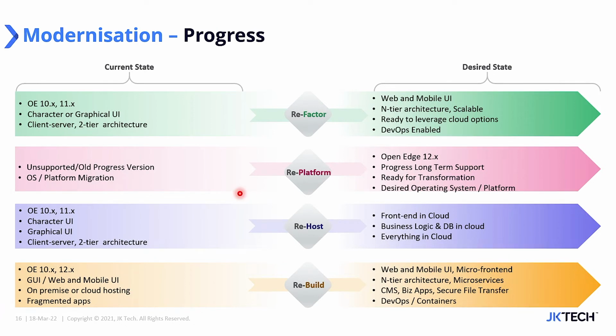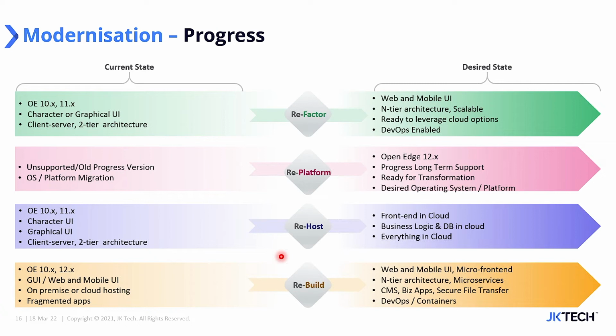Now, we talked about replatforming in the previous slides: essentially taking dated versions of Progress OpenEdge, or a dated version of the operating system, onto the latest and greatest of the Progress OpenEdge version or platform. And then we're talking about rehost. Again, rehost is all about what aspects of the application you want to take to the cloud.